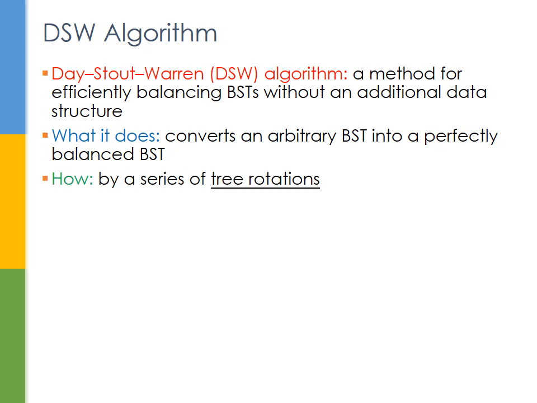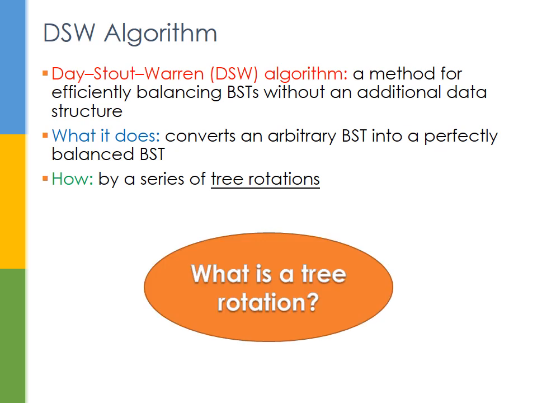Now, how it achieves this is by means of a series of what are called tree rotations. So before we can discuss the DSW algorithm itself in any kind of detail, we first need to look at what a tree rotation is and how we perform such a rotation.